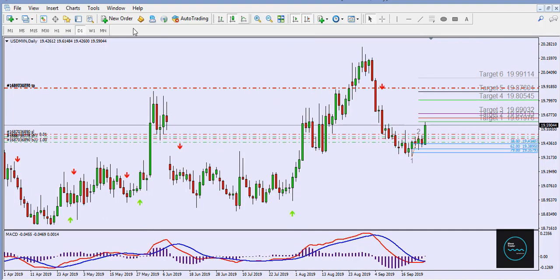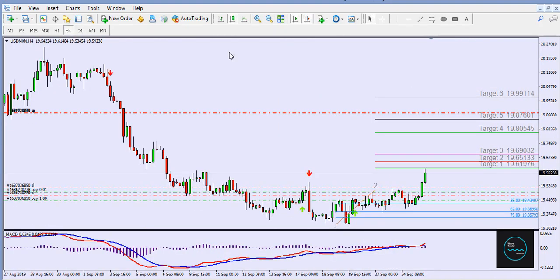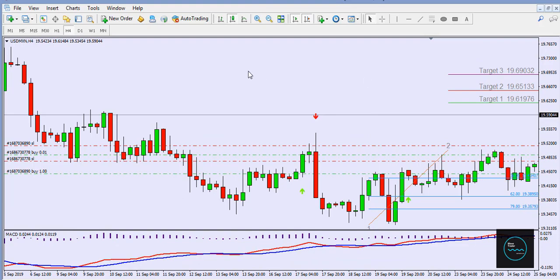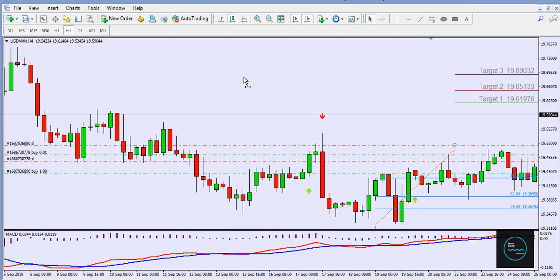So let's go to the 4-hour chart and see what we see. So on the 4-hour chart, you can see the wave bottom situation clearly and the start of the third wave. So how did I get into this trade? Now, you will not always get a perfect situation, and this is why I stress, when you want to get into a trade, it's always advisable to get in with a micro lot.